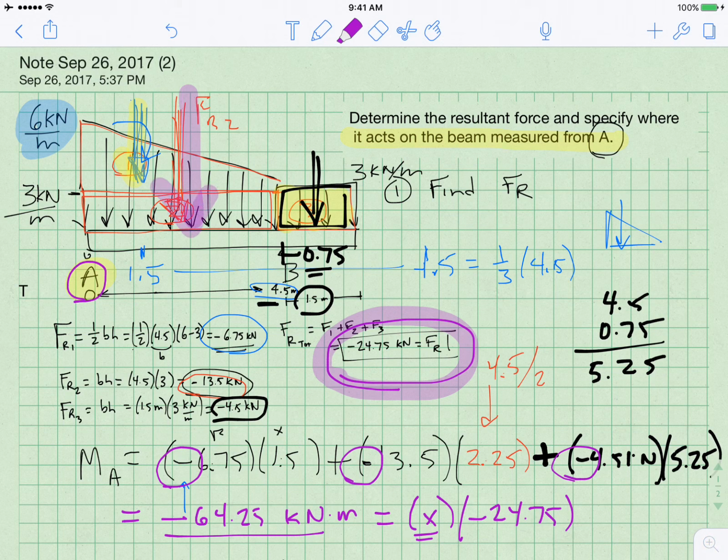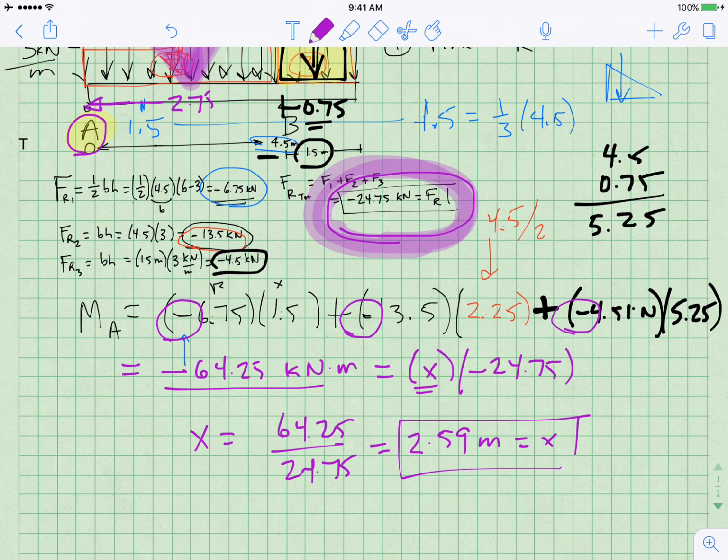So if we locate this force right here at that location, 2.59 from A, that will be the equivalent force. So the answer is located there. Our resultant force is negative 24.75, and we'll round it up to 24.8 kilonewtons. And that's it.